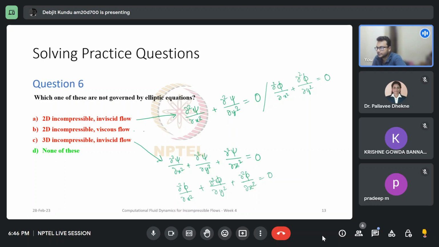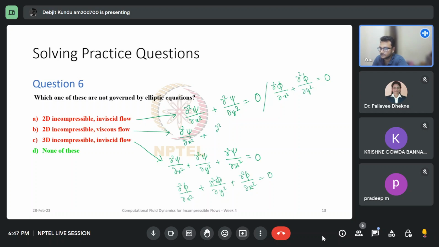Now, for a 2D incompressible viscous flow, why do you think that it would not be governed by an elliptic equation? What is the governing equation for this? Anyone? Governing equation for a 2D incompressible viscous flow. So this can also be written down using a stream function formulation.